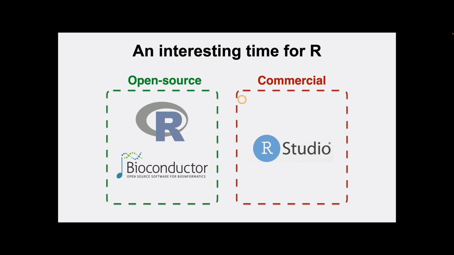So I just think this is an intriguing interaction between a commercial entity and the open source software that you access through this commercial software. And it extends actually even further than that, because a lot of the really exciting package development in R has been driven by data scientists employed by Posit that develop RStudio. So this has been a really positive interaction between a commercial entity and open source software, and we all hope it remains that way.